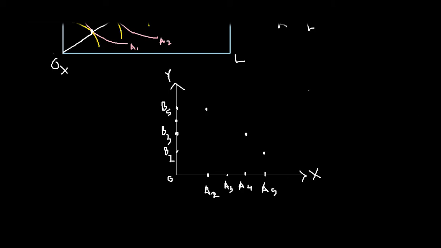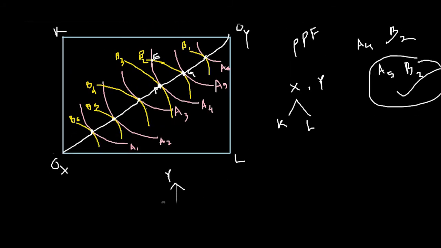So in this way, when we join all the points of tangency in this contract curve, all the points of tangency of the two isoquants is represented by this contract curve.